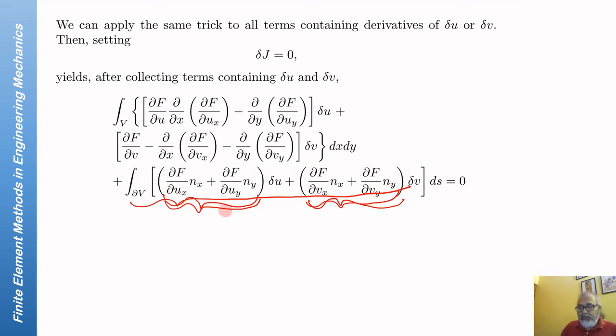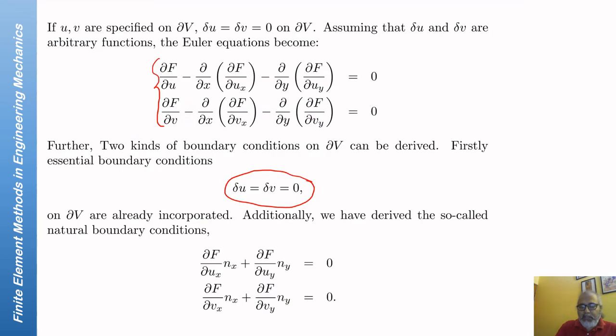These are called natural boundary conditions. So the natural boundary conditions come out of your variational principle. When you minimize your variational principle, you get the natural boundary conditions, whereas the essential boundary conditions are built into the variational principle. So we not only get the Euler Lagrange equations, which are the governing equations that should be obeyed at each and every point in the body, we get the natural boundary conditions as well.